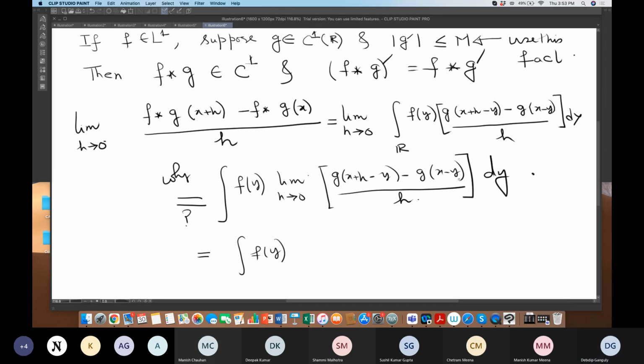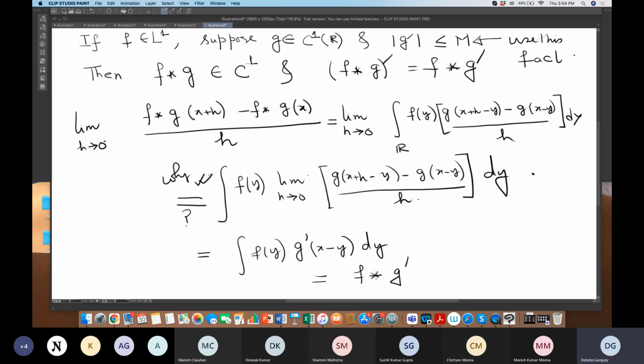This is g prime of x minus y. This is equal to f convolution g prime. Clear? Is that clear? This is an important step. You should check this. Why does this limit go inside? You will check, right?